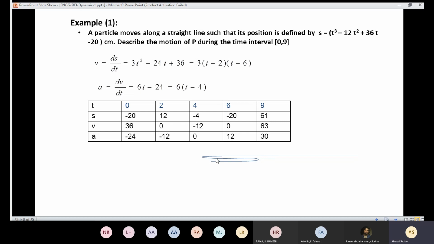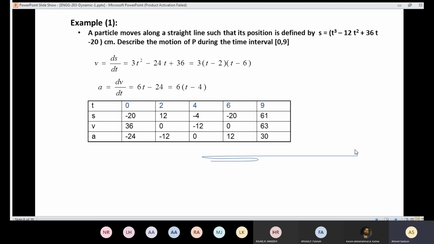So from minus 20, it moved to plus 12. Then when the time is 4, it became minus 4. So it moved here. When the time is 6, it became minus 20 again. Then when the time is 9, the position became 61. Then it moved positive like that.